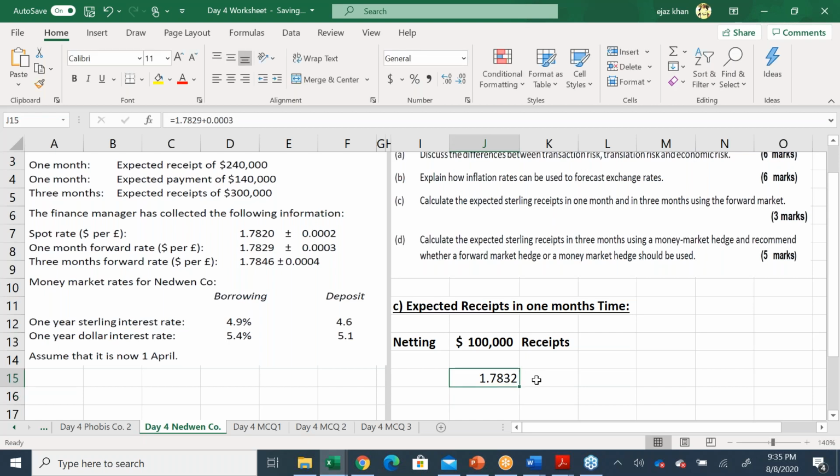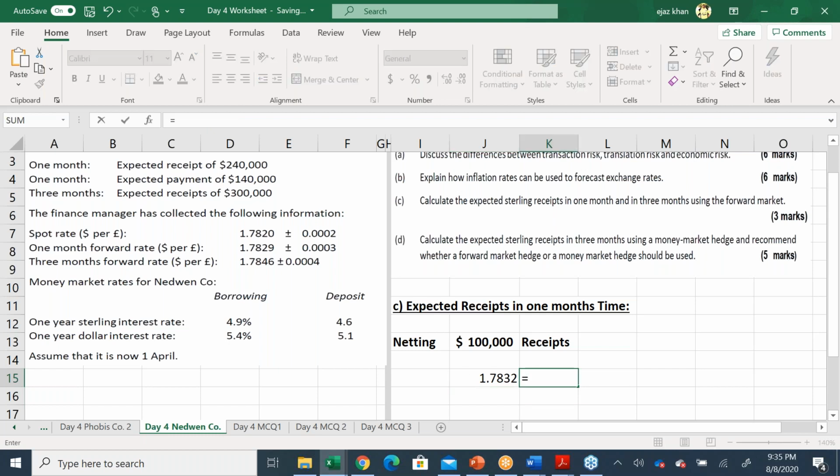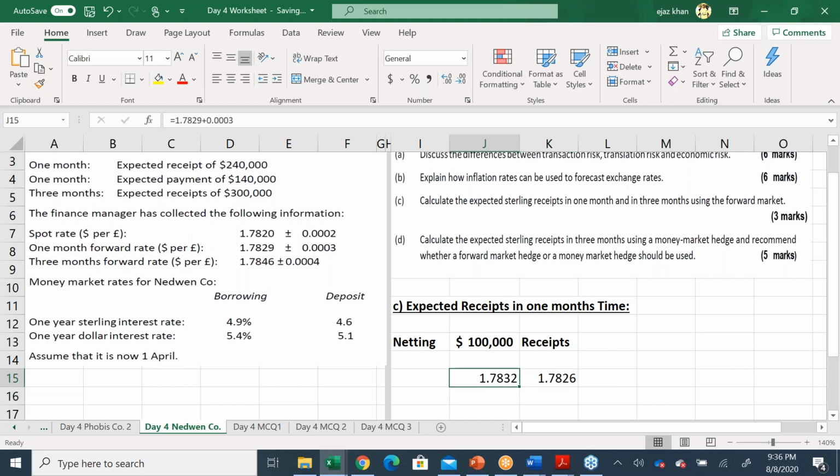And we have the other rate which we can get by deducting 0.0003. 1.7829 minus 0.0003. So one of the two rates will be the buying rate of the bank and the other will be the selling rate, right?